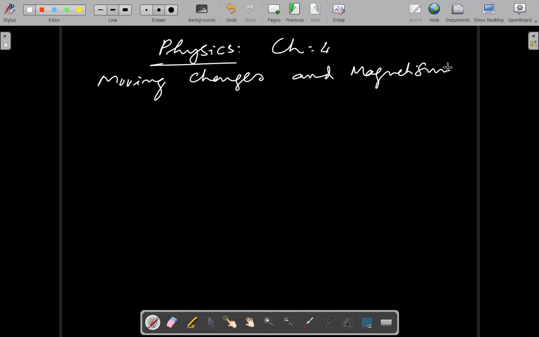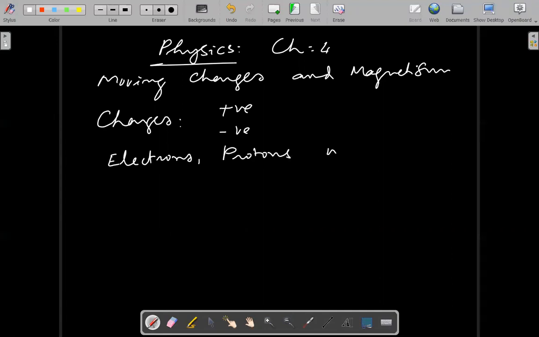So here, if you look at the textbook, the main thing is that if there are charges moving, what are the charges? The first discussion is charges. We know there are positive charges and negative charges. On the other hand, we know electrons and protons in an atom. Electrons are negatively charged.